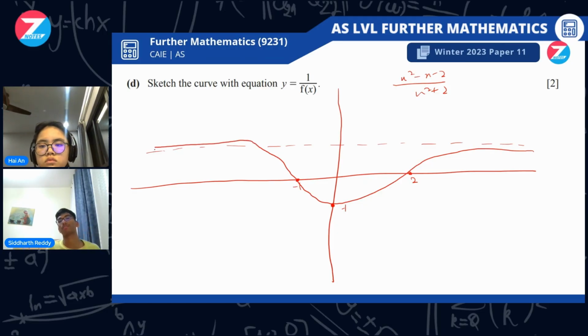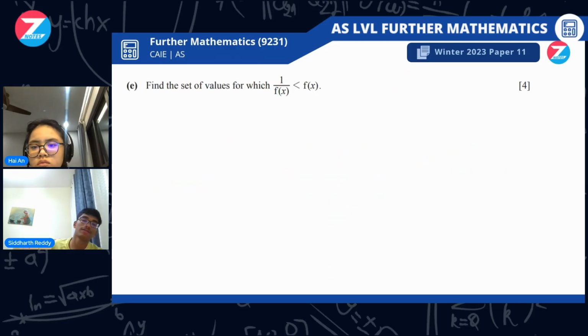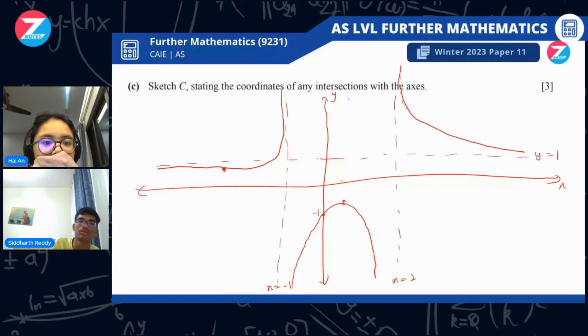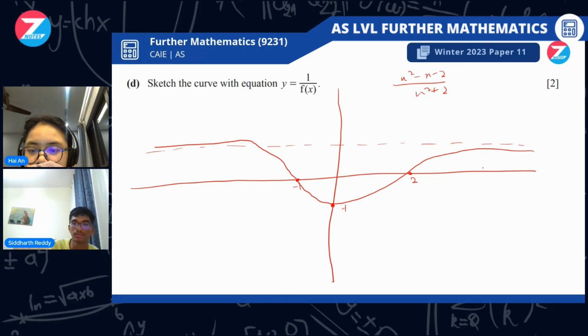Okay. So, find the set of values for which f of x is greater than 1 by f of x. Just read it like this. If you superimpose the graphs on each other, which parts will the graph of f of x have a higher value than 1 by f of x?